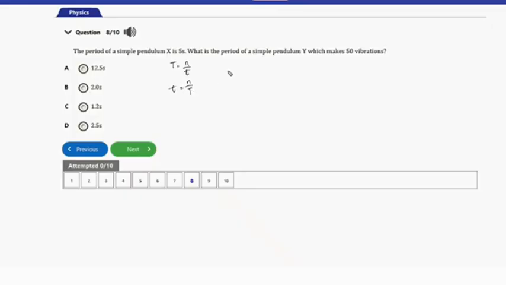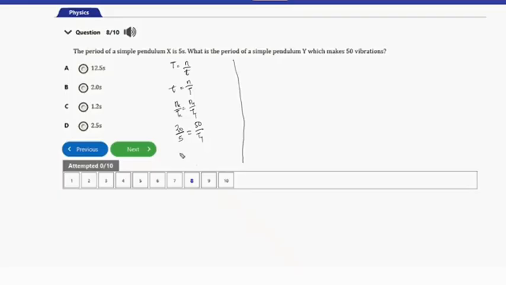So guys, if we have that the number of vibrations over the period for X is equal to the number of vibrations over the period for Y, then in that case, the number of vibrations for X is 20, over the period for X, which is 5, and this will be equal to the number of vibrations for Y, which is 50, over the period for Y, which is not known.